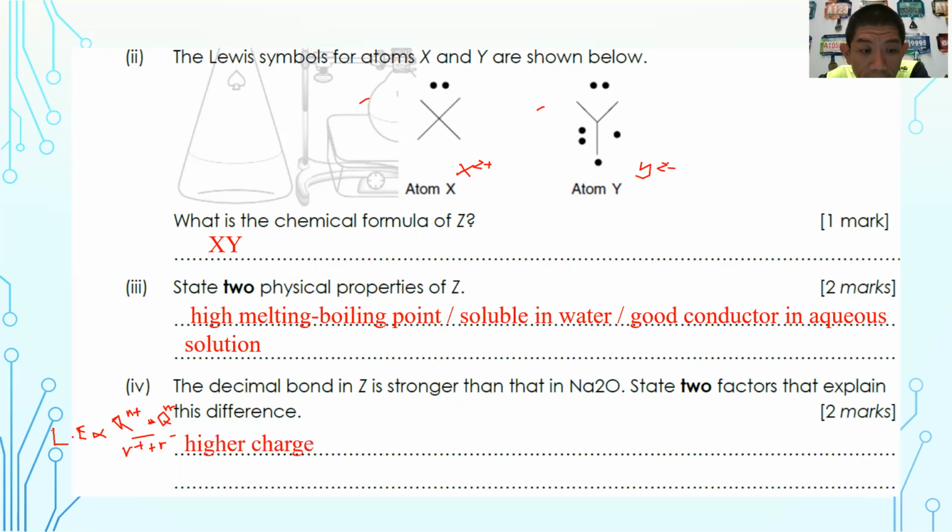And the ionic radius for compound Z is definitely smaller, because they are from the same group, and across the period you have a higher effective nuclear charge, so that is why it is getting smaller. With that, that is how you answer essay question number 5.